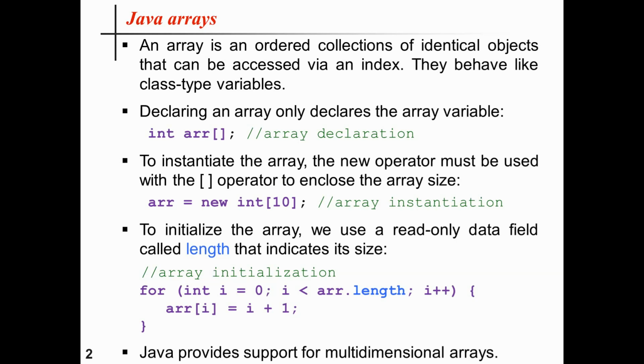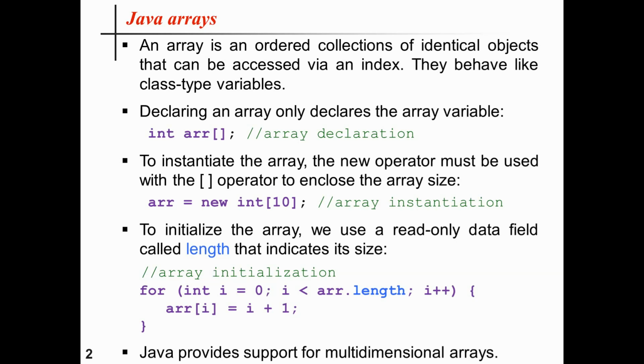Now, in order to work with an array, we have to follow three steps. Step number one, we have to declare an array. Step number two, we have to instantiate the array. And the third step is related to array initialization.